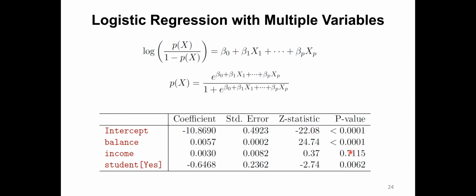That's why the p-value is greater than 0.05, or 5%. The smaller the p-value is, especially when it is less than 0.05, the more significant the predictor is. That means the predictor gives us more discriminatory power to predict our response variable, default or not. Student is the same. It's a significant predictor.